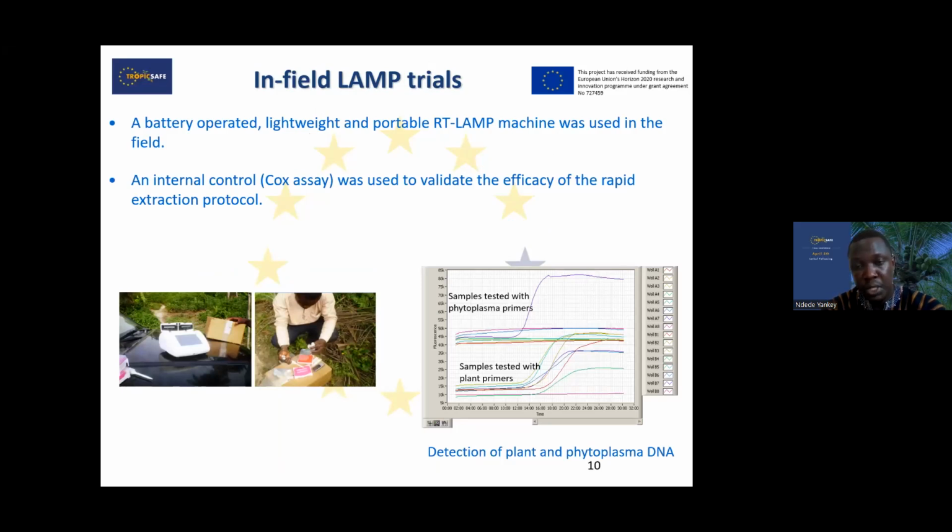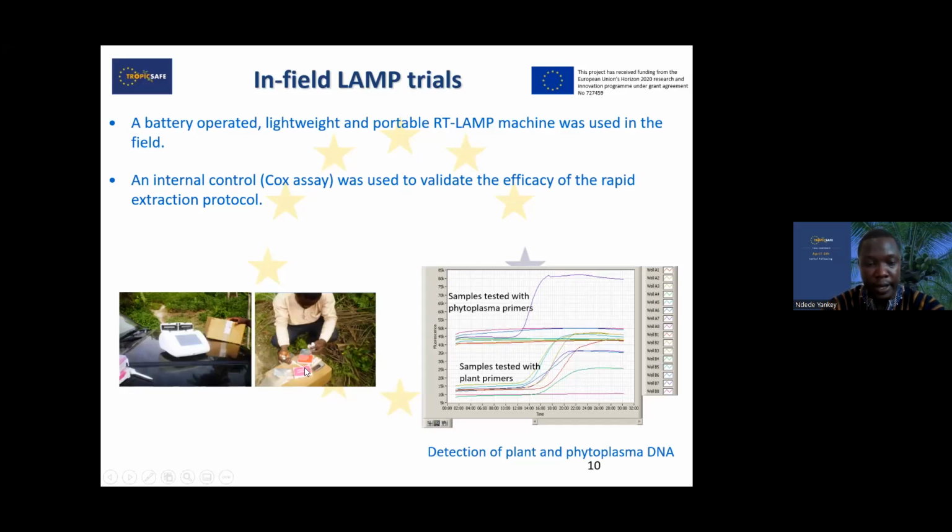And so we want to make sure that the extraction protocol is efficacious in the first place and that our results are not false negative results. So typically we run the 2 tests alongside, first with the one giving us an output for the plant primer, that the coconut DNA is there, and then the phytoplasma DNA. So we have done this in remote locations in Ghana.